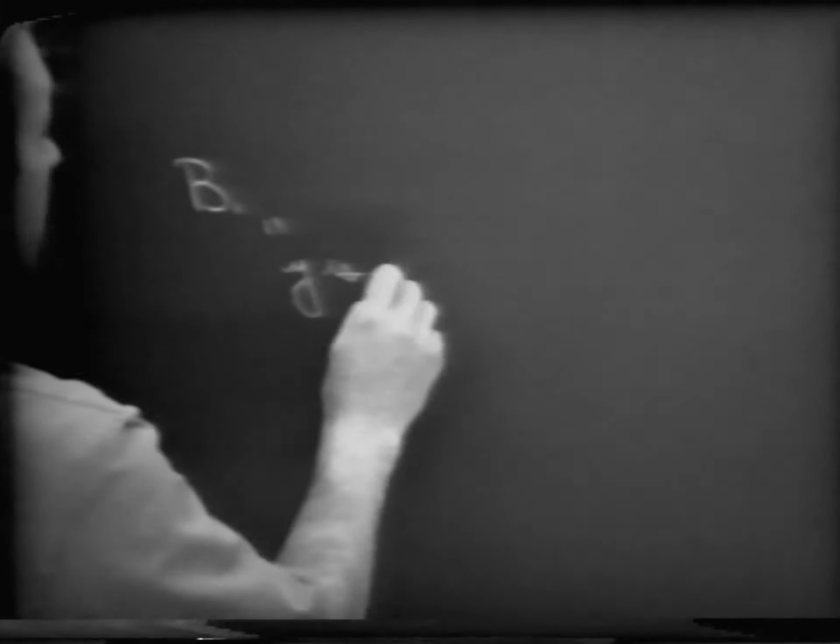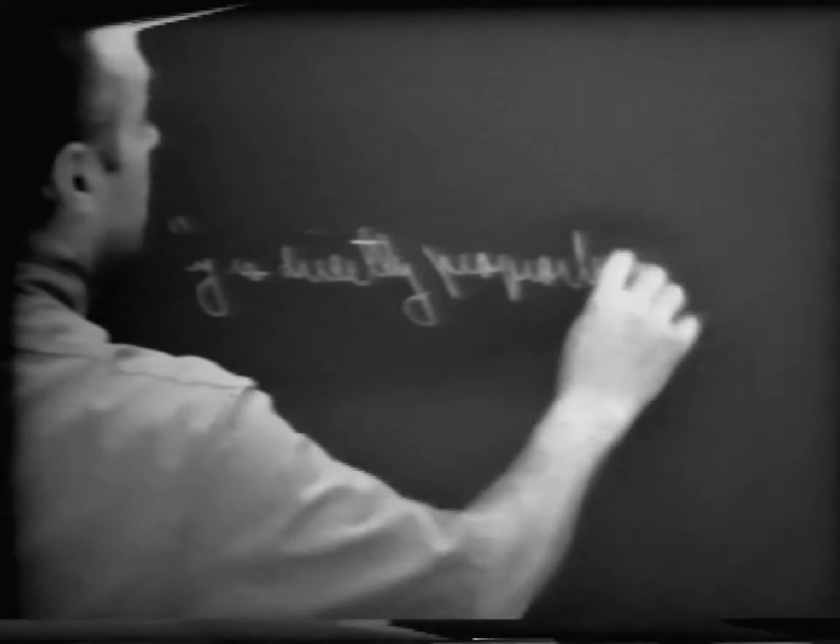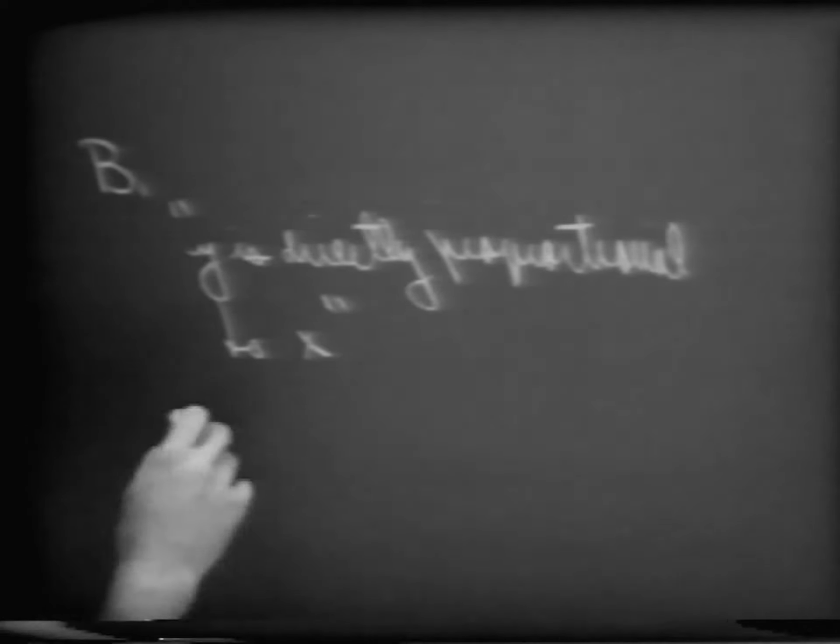What I'd like to do is to concentrate a little bit more on this particular function right now. So let's think of it in terms of another idea. Suppose I were to write a sentence such as y is directly proportional to x. What I'd like to do is to translate that into an algebraic sentence.